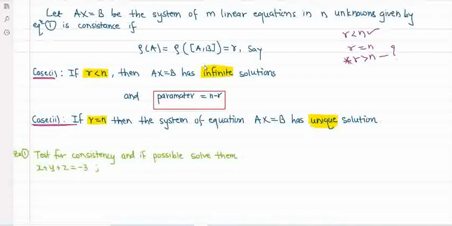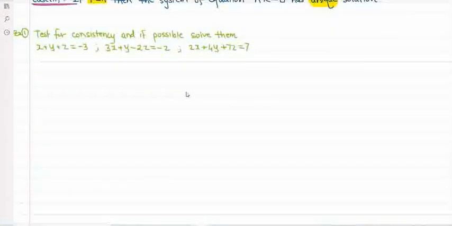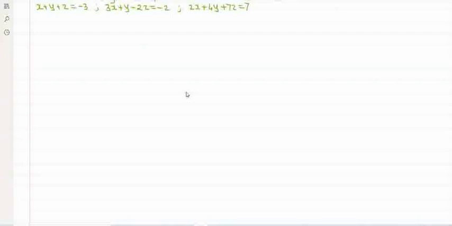Second equation, 3x plus y minus 2z equal to -2. And third equation, 2x plus 4y plus 7z is equal to 7. How many equations are given? 3. 3 equations, 3 unknowns.